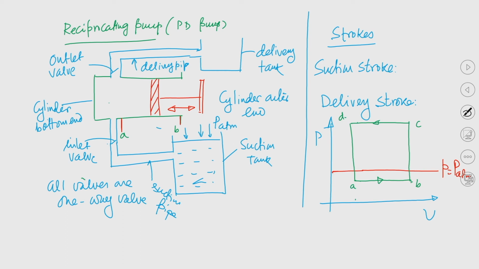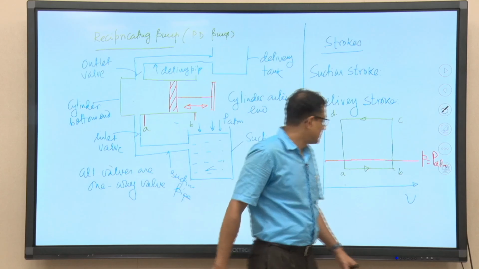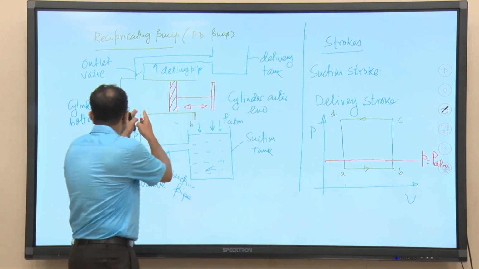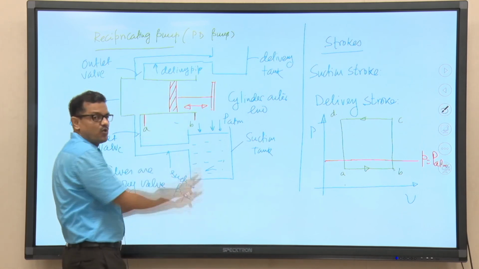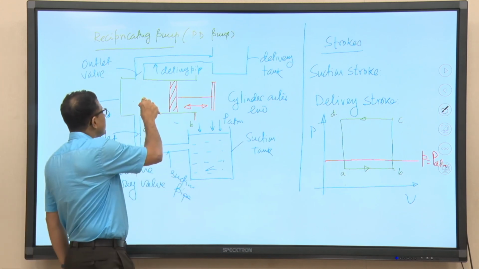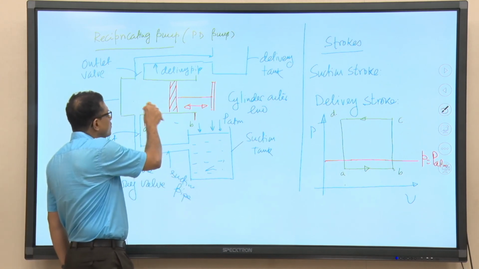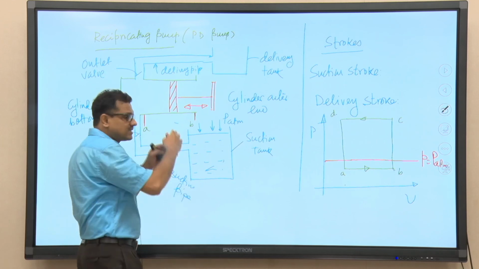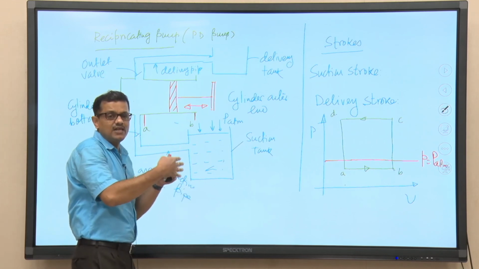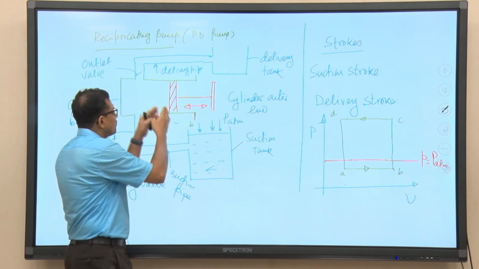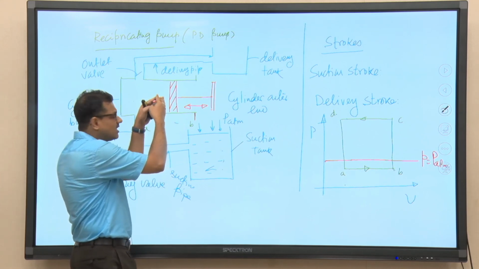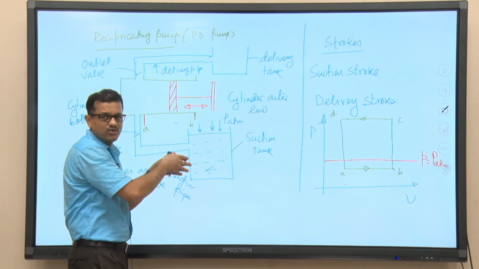Now, you see this is a very simplified analysis. You may argue that during the suction stroke, when the piston is moving from point A to point B, it is getting decelerated. Definitely the pressure inside the cylinder will be less than the atmospheric pressure, only then will liquid flow.